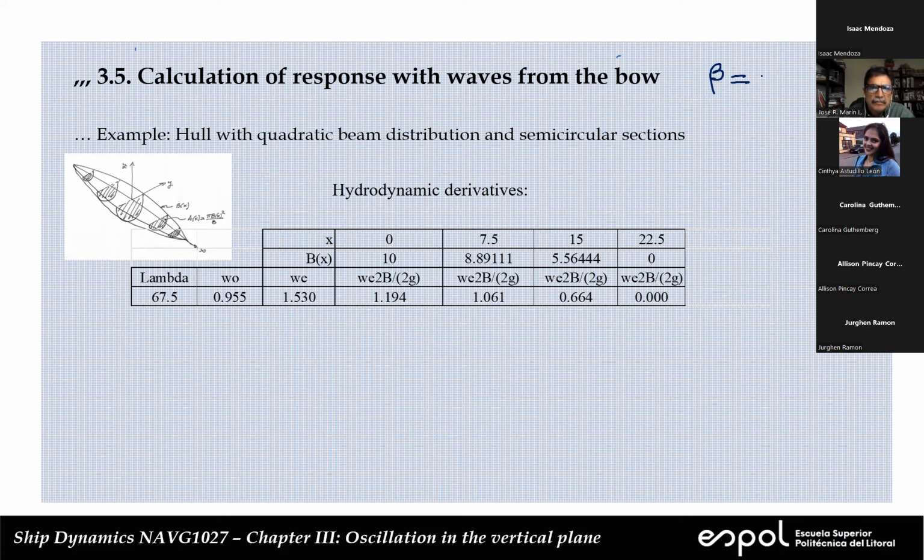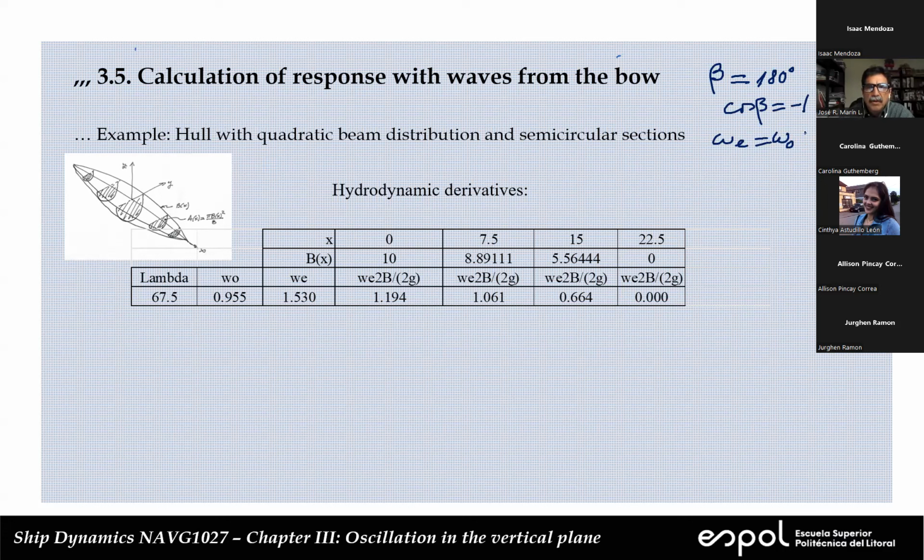Is 180 degrees? Yes. So in this case, cosine of beta is equal to -1. And omega of encounter is equal to the frequency of the waves plus K U. Okay. So we have the wave frequency, we have lambda, the velocity was 12 knots, so we can calculate the encounter frequency. See?